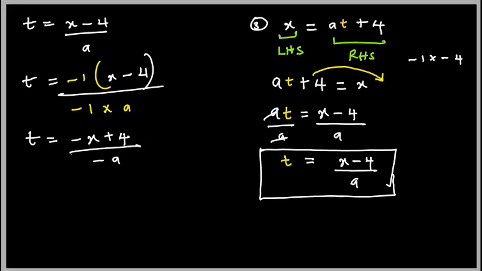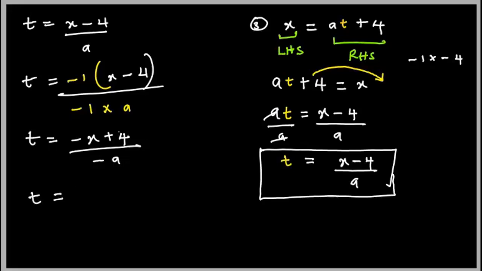So this expression, T equals minus X plus 4 over minus A, is still an answer to this problem, which can be written in this form also.